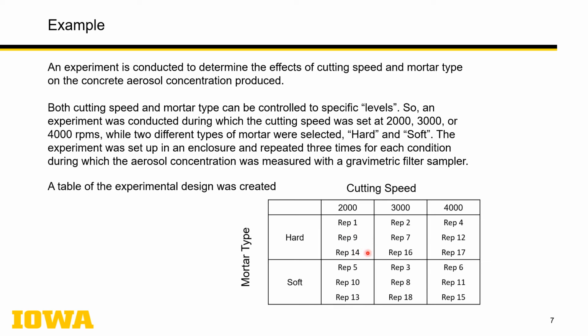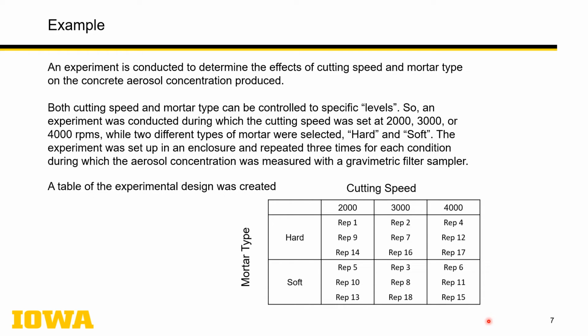Now these numbers vary because ostensibly you should randomize which of these conditions you do first and then which one you do second, and that's what's going on here. 1, 2, 3, 4, 5. That's what's happening. You should not just do them sequentially through.